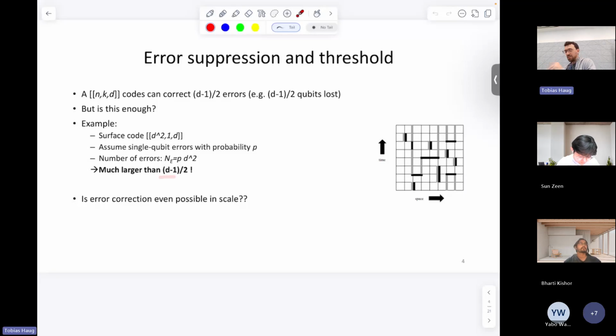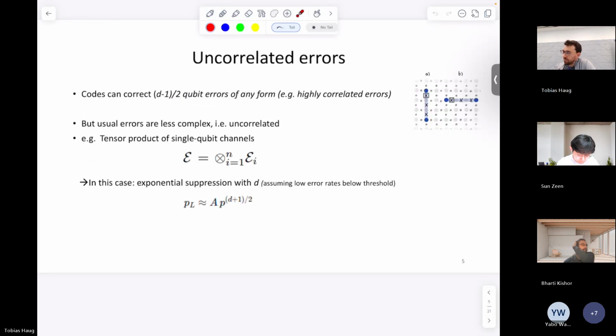Okay, that seems bad at first glance, but what we must consider, of course, is that the distance is the Hamming distance. It's kind of a worst case condition. Basically, we can correct any error of any form up to (d-1)/2 errors. So this could also be a highly correlated error in a very intricate pattern. But this is something very unlikely.